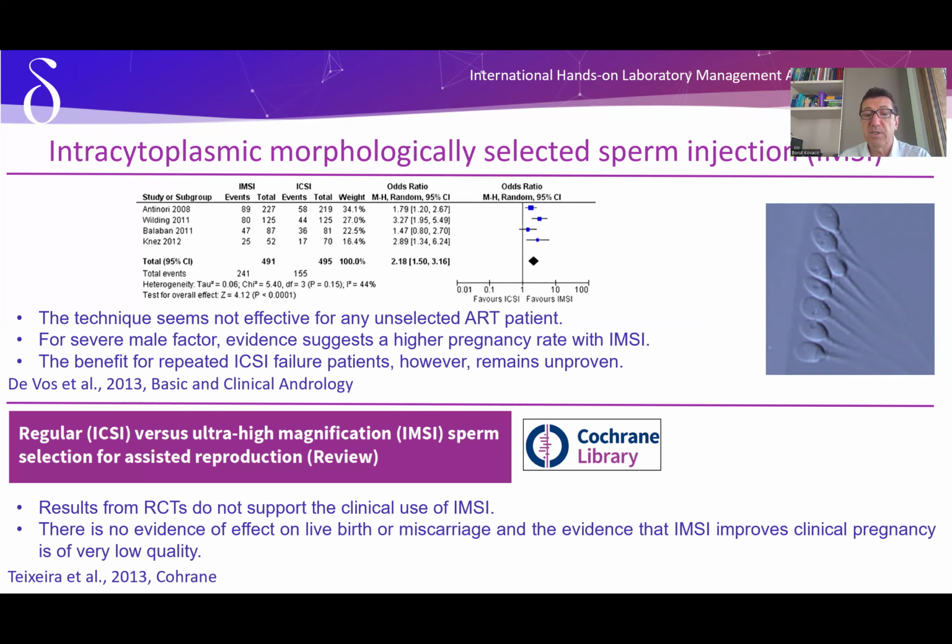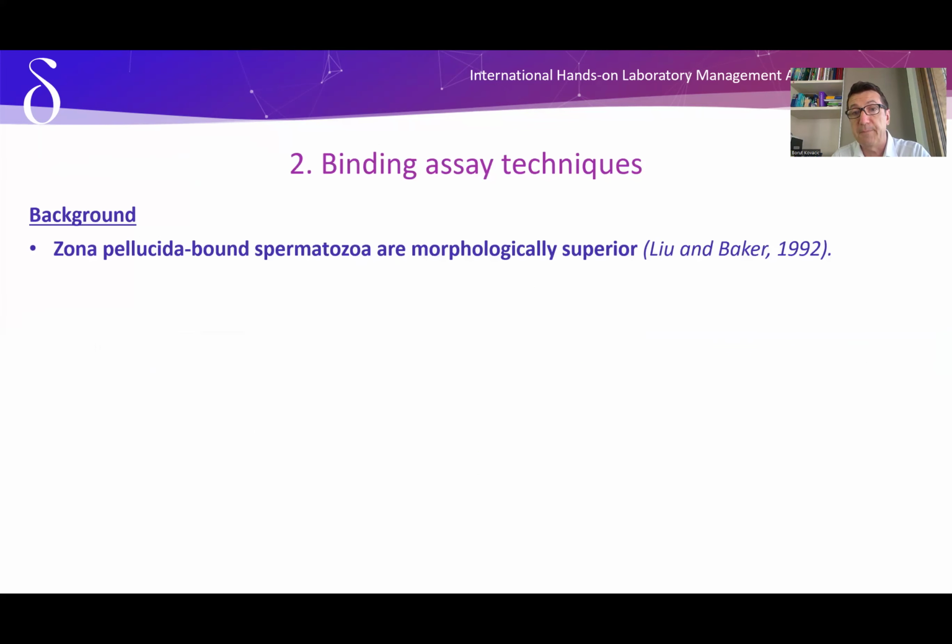In the same year, the Cochrane Library group presented a meta-analysis including only RCTs, and the results from this analysis didn't support the clinical use of IMSI. They concluded that there is no evidence of effect on live birth or miscarriage, and the evidence that IMSI improves clinical pregnancy is of very low quality.